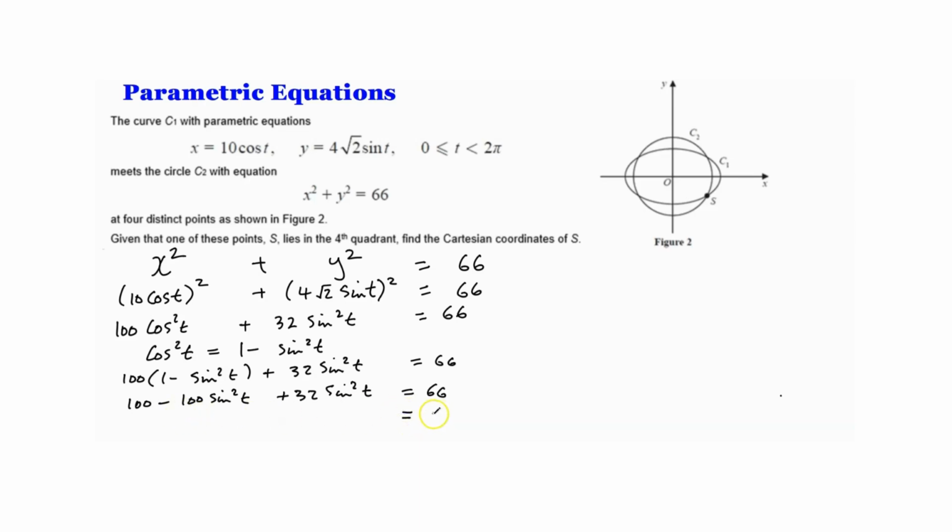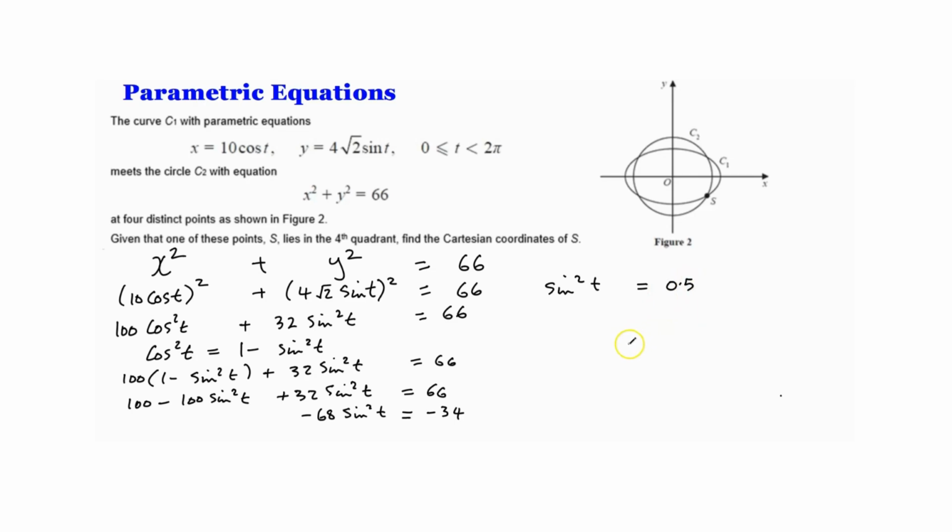Therefore, we would have minus 34 on the right hand side, and on the left hand side we need to simplify. Minus 100 sine squared t plus 32 sine squared t, that's going to give us minus 68 sine squared t. Therefore, sine squared t is equal to, when we divide both sides by minus 68, 0.5.